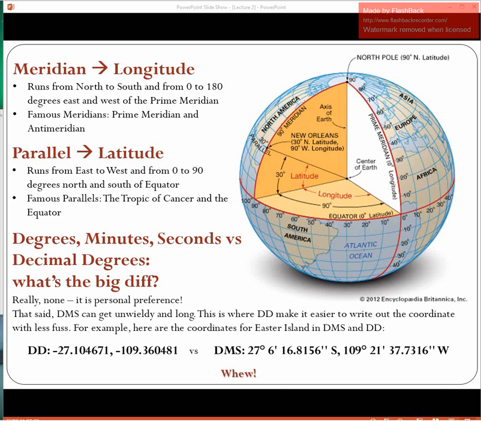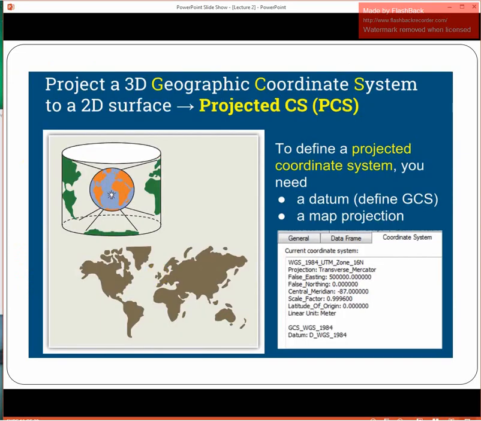But on the other hand, they can get unwieldy and long, and you can see in this example here, this is where Easter Island is. So on the degrees, minutes, seconds, it's quite long, as opposed to the other example. It's a little shorter and easier to handle.